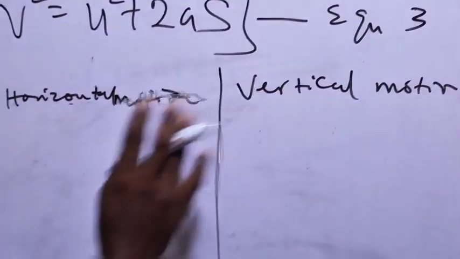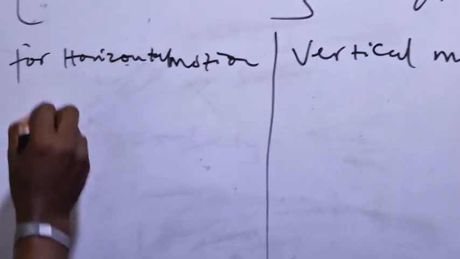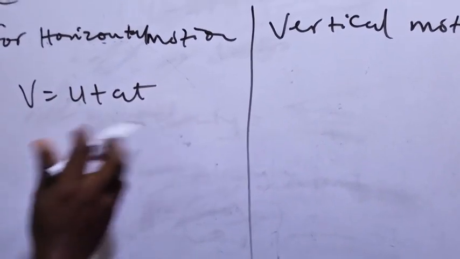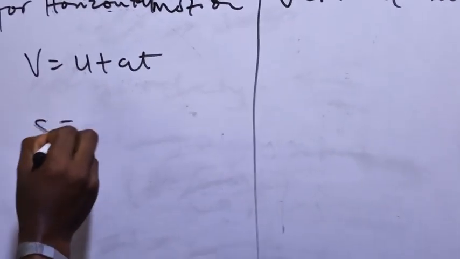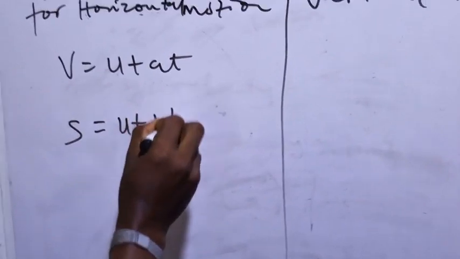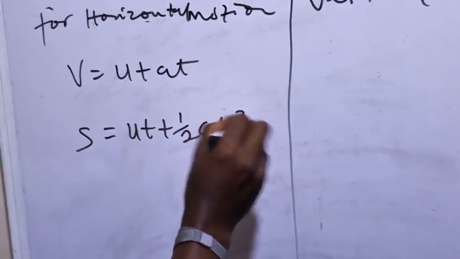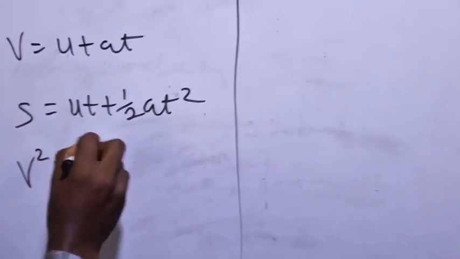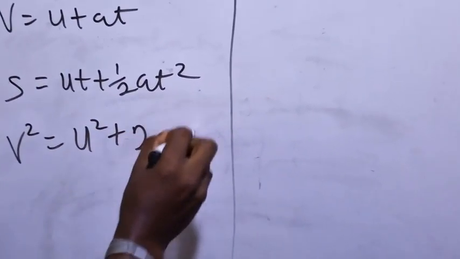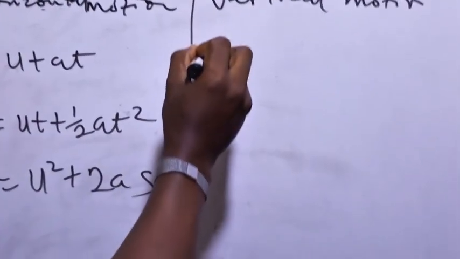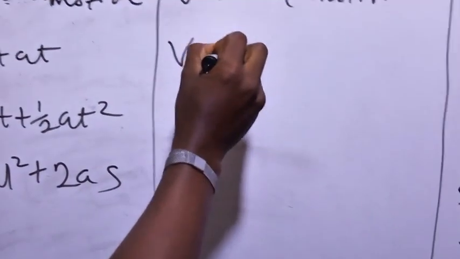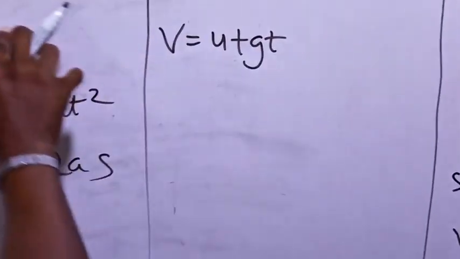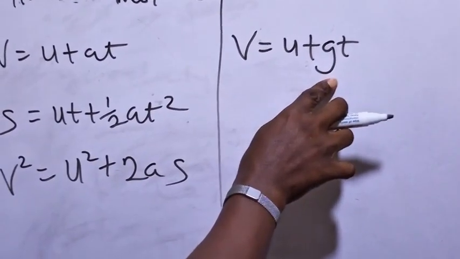For horizontal motion, just like we did before, we have v equals u plus at. That's the first equation. The other one, we have x equals ut plus half at square. And the last one is v square equals u square plus 2as. Now for vertical motion, we have v equals u plus gt, g being acceleration due to gravity. This one is a linear acceleration, this one is acceleration due to gravity.